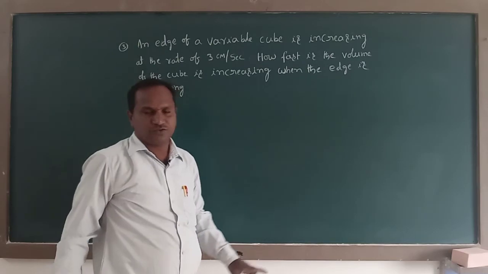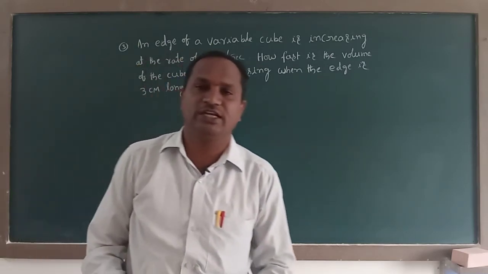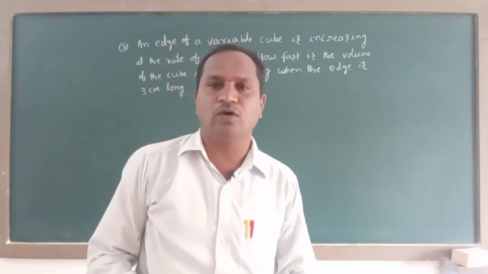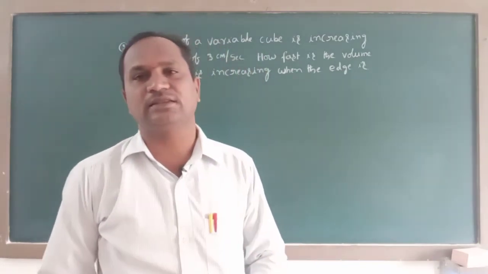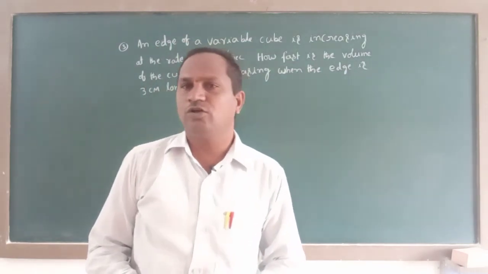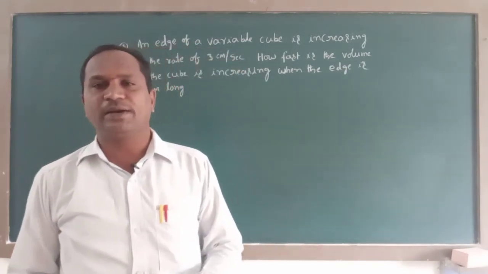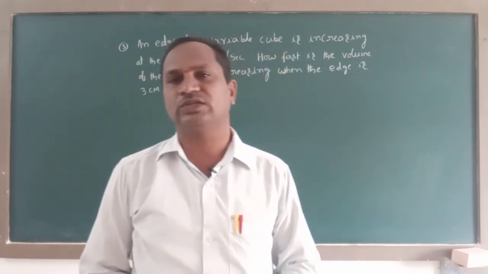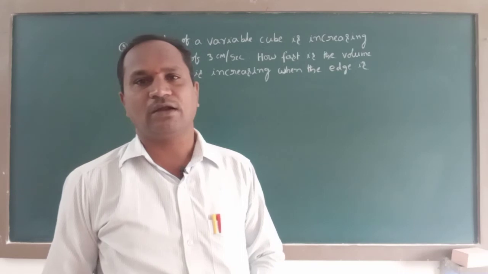They gave the rate of change of the side of a variable cube. In case of a cube, all sides should be equal, that is, length is equal to breadth is equal to height. The volume is length into breadth into height, that is, volume is x into x into x, so we can write x cube.